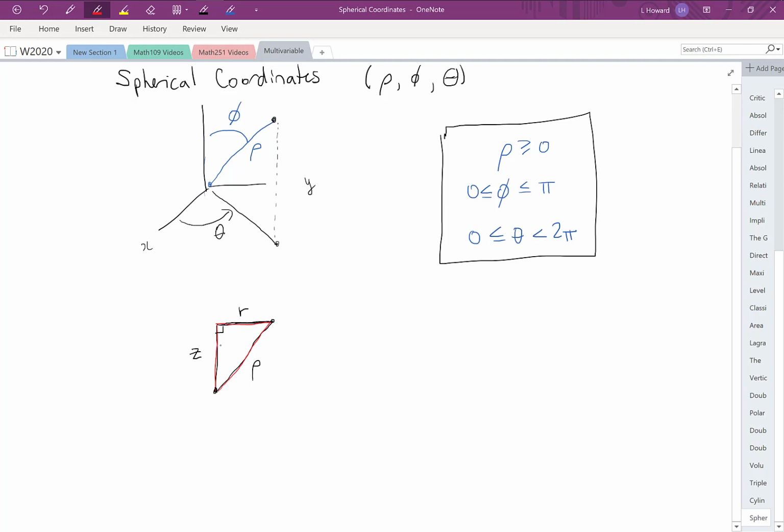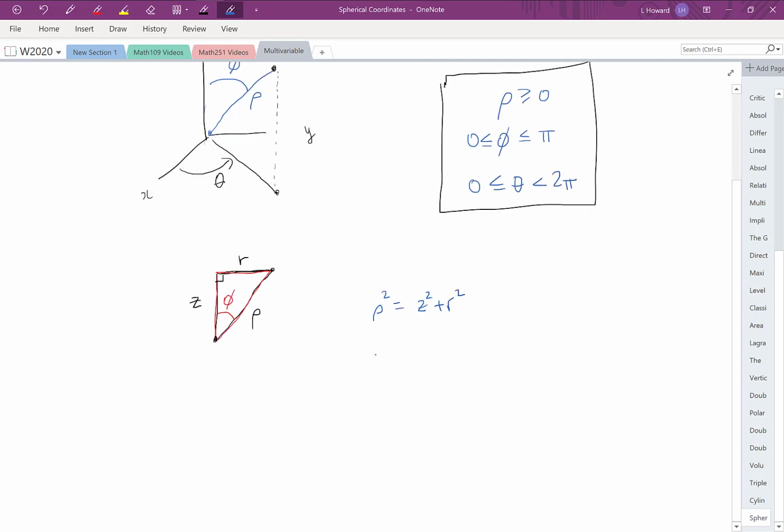And the reason why it's good to draw the triangle in this orientation is because then we can put phi in here. See, phi is measured from the positive z-axis, so it makes sense to draw the triangle in this orientation. And then we can start to figure out some of the relationships between these variables. So we can say things like, from the Pythagorean theorem, rho squared is going to be z squared plus r squared.